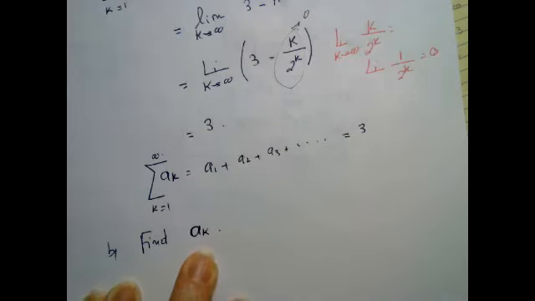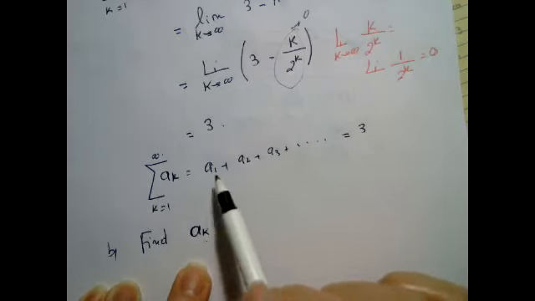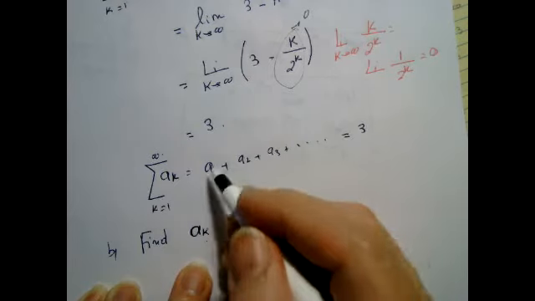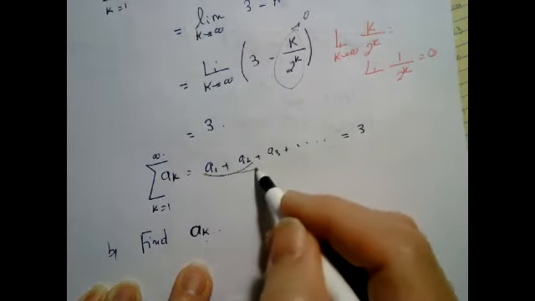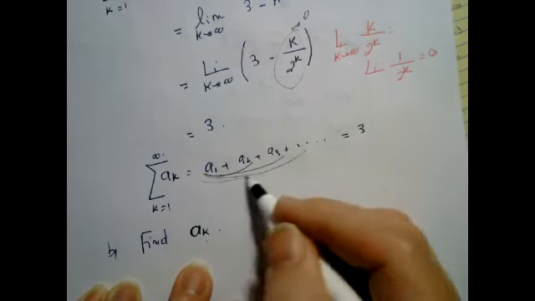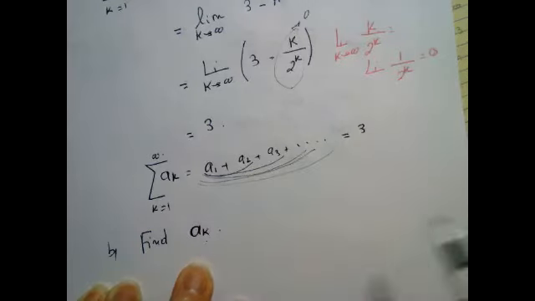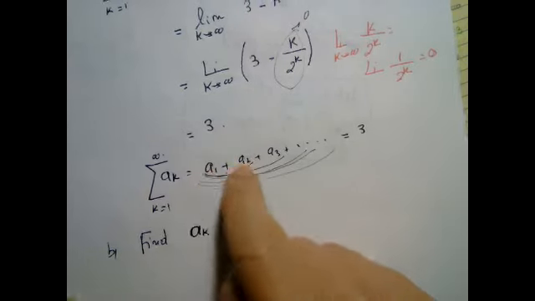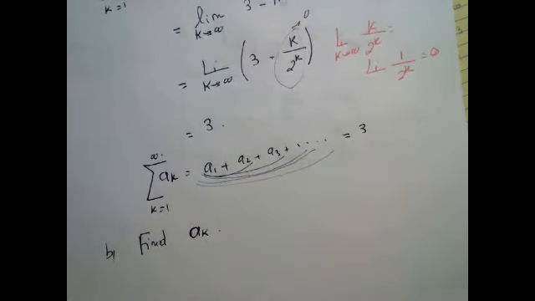You said it equals 3? The sum equals 3, not each a_k. We're going to find them. The sum is equal to 3. It means as you start adding, you should get 3 eventually. That's the sum, not the a_k. The a_k are the terms. They can't be 3. If each one is 3, their sum is infinity.